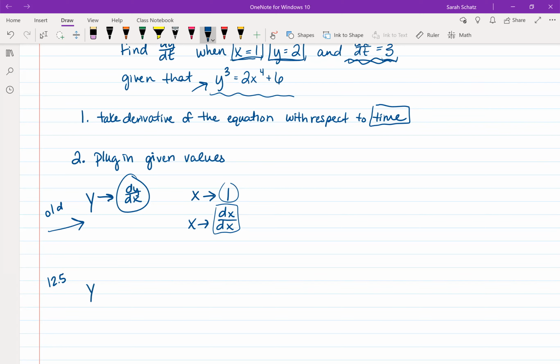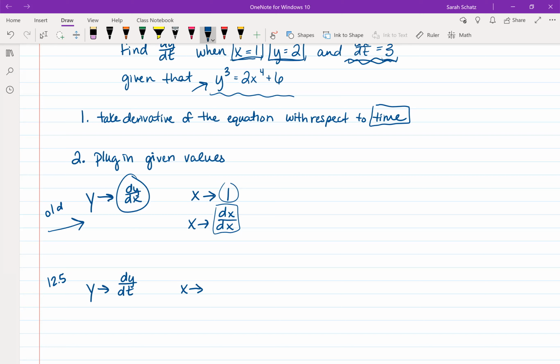When I take the derivative of y, sorry, I'm going to take the derivative of y with respect to time. So every time I have a y term in my equation and I take the derivative, that dy term that I tack on is not going to be dy dx, it's going to be dy dt.